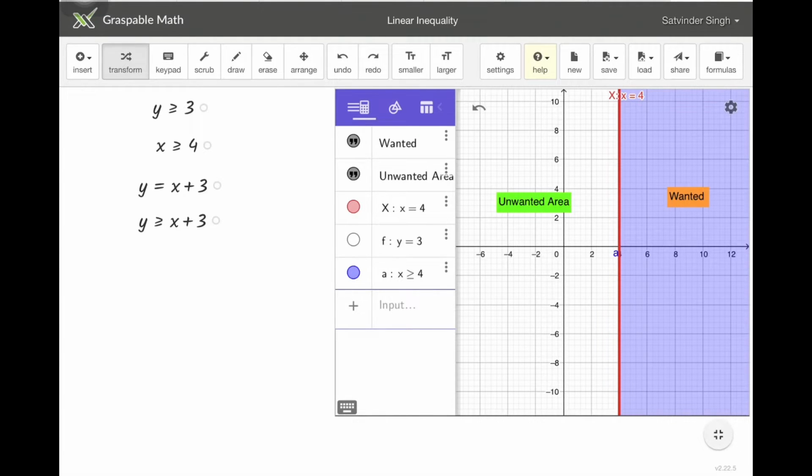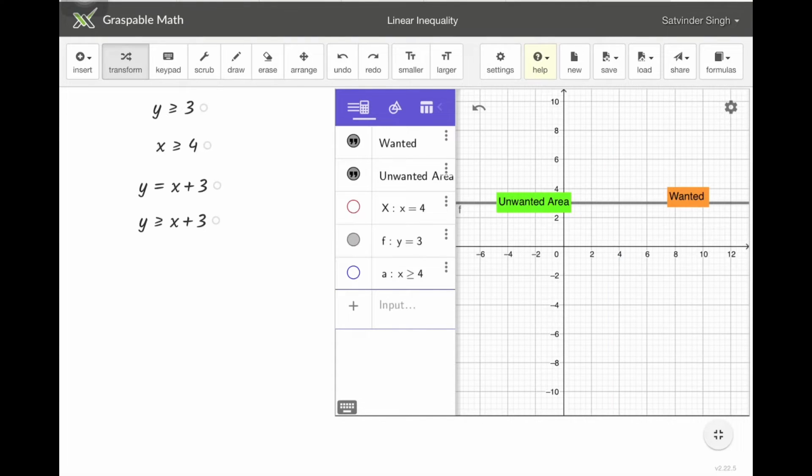And if you change the sign, x less than or equal to 4, the shaded part will come on this side. I hope you understand this. x greater than 4 means there are infinite number of values which can satisfy this inequality. That's why we are saying wanted area is shaded, unwanted area is unshaded.